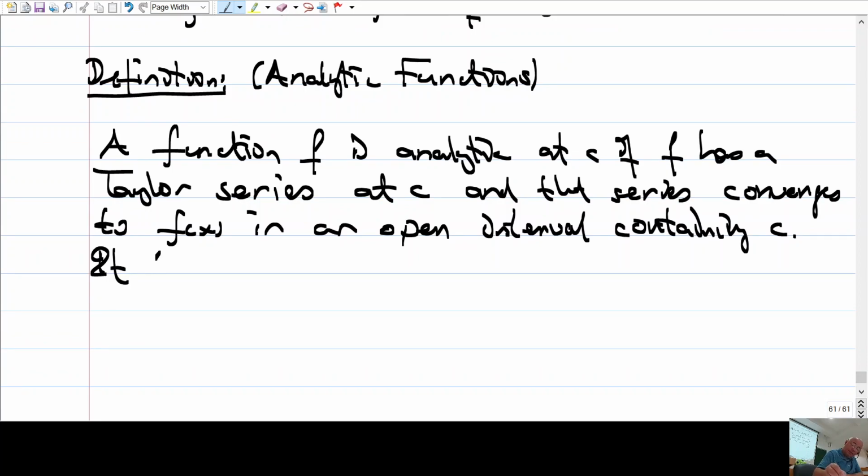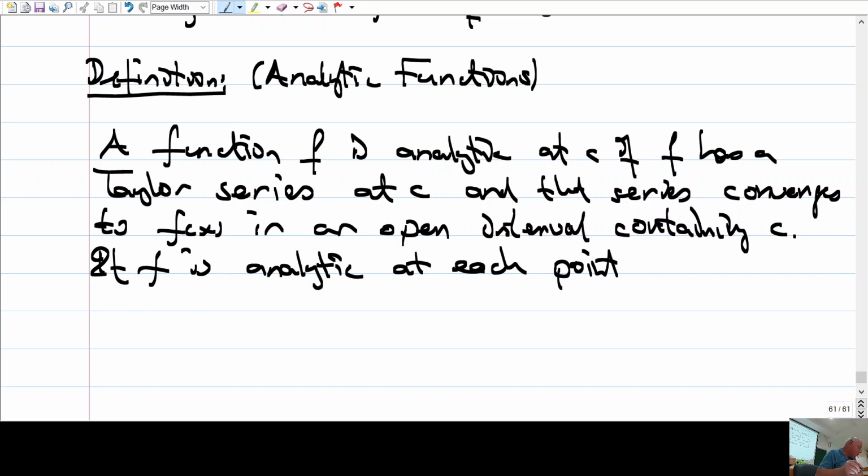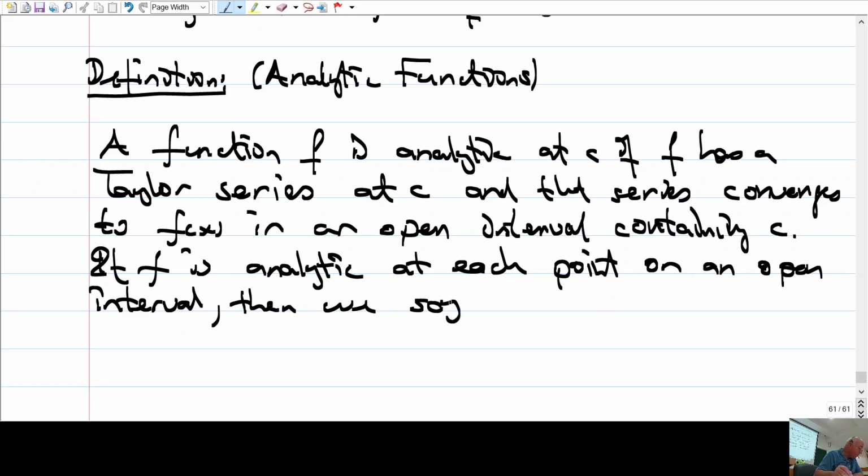If f is analytic at each point of an open interval, then we say it is analytic on that interval.